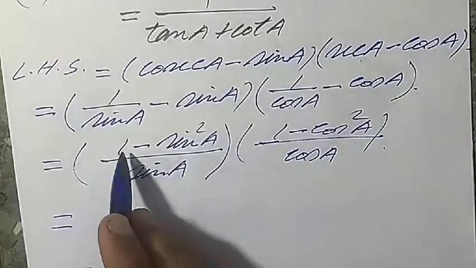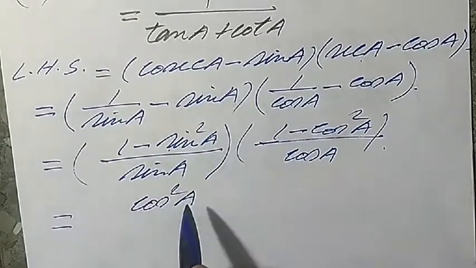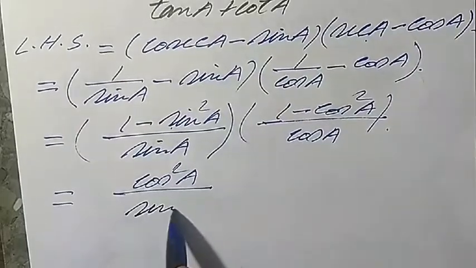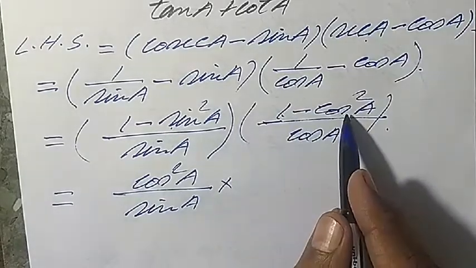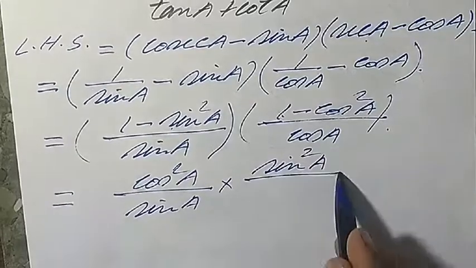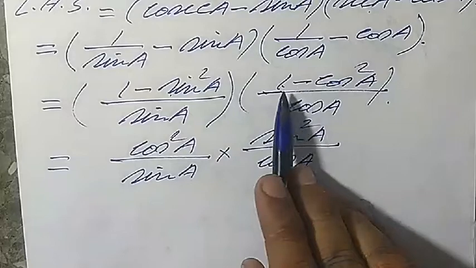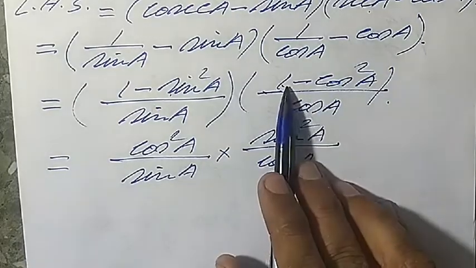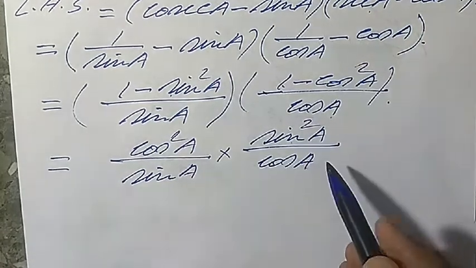So as we know, 1 minus sine square theta is cos square theta, so we get cos square A upon sine A into 1 minus cos square theta may be written as sine square theta. So sine square A upon cos A. 1 minus cos square A is equal to sine square A, so we have written sine square A in the numerator in place of 1 minus cos square A, and in denominator it was cos square A already.